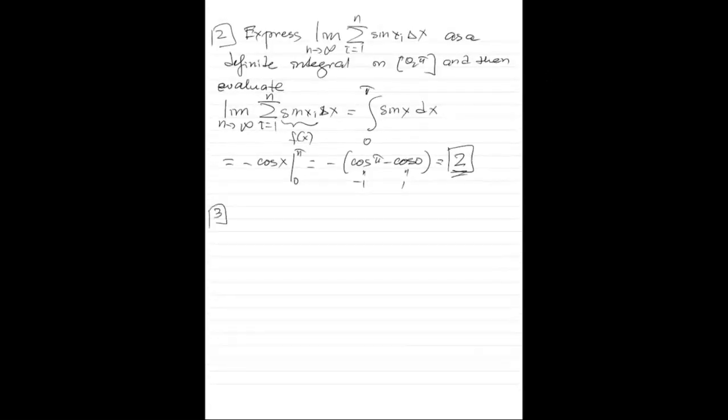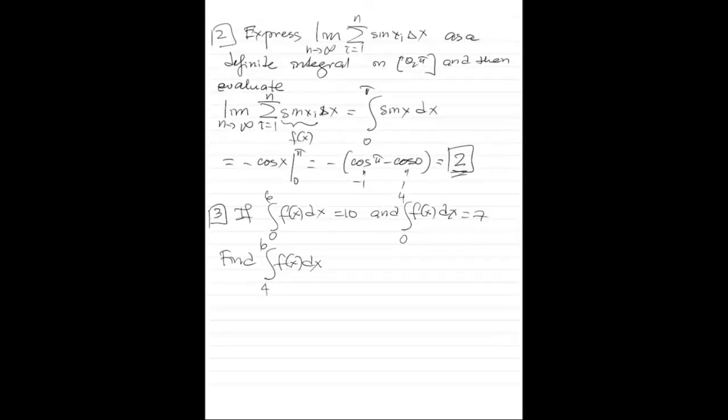All right, number 3. If the integral of f of x dx from 0 to 6 is equal to 10, and the integral from 0 to 4 of f of x dx is 7, find the integral from 4 to 6 of f of x dx.